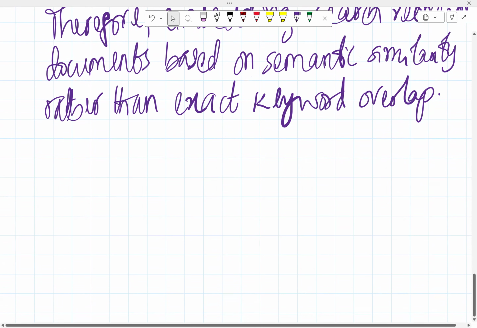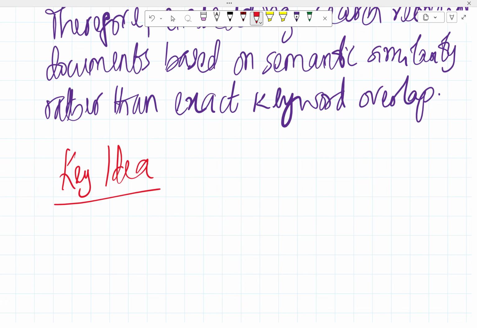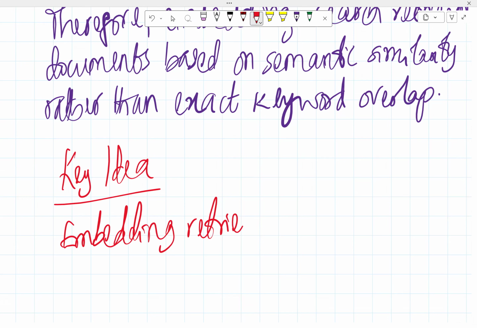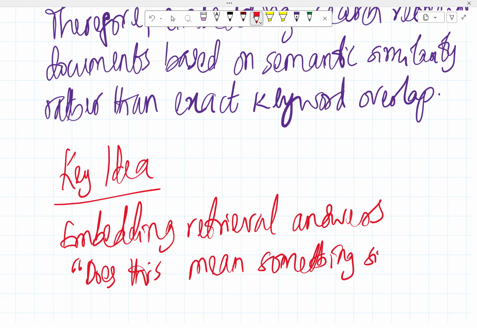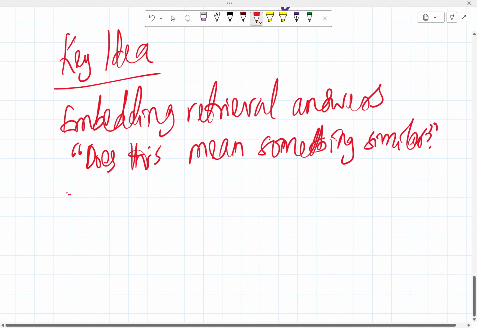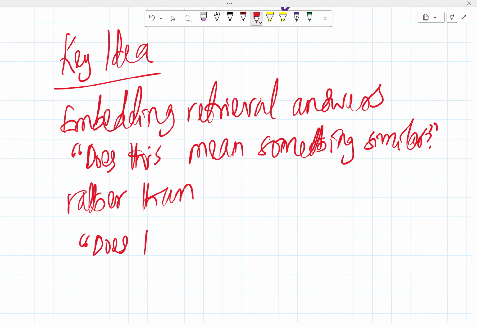So what's the key idea then? Embedding retrieval answers: does this mean something similar, rather than does this contain the same words?